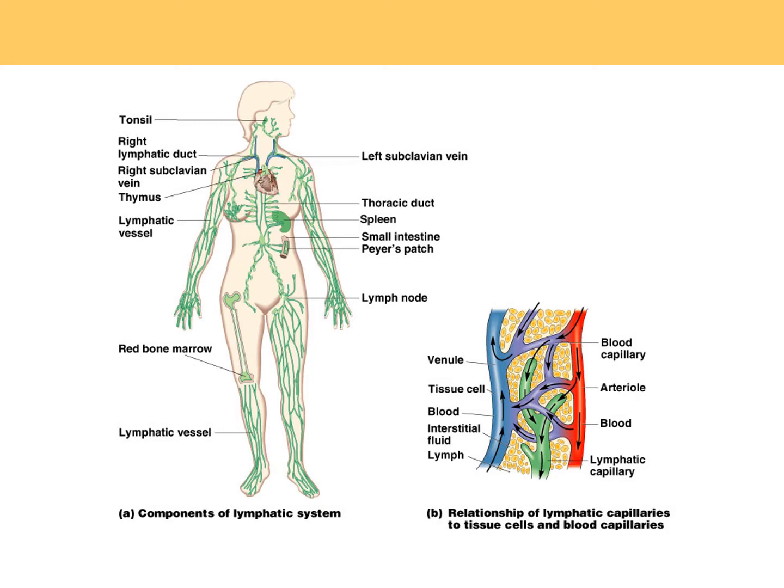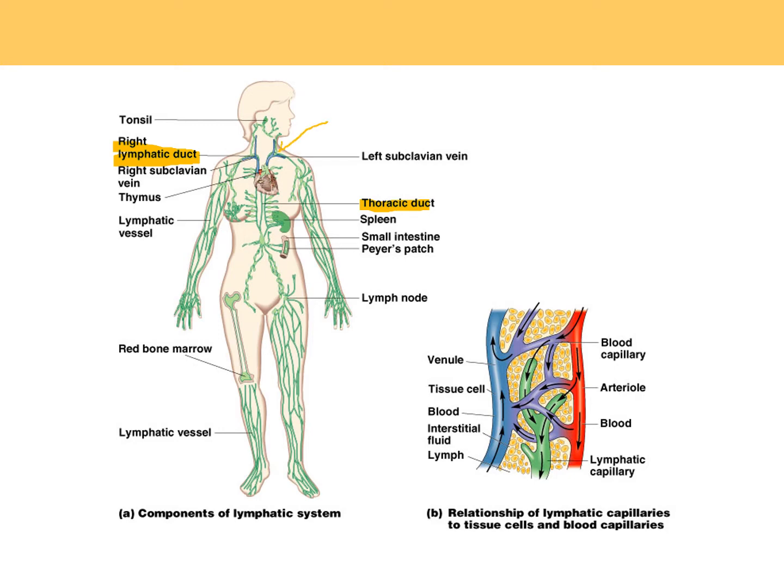The fluid will enter into the blood at the right lymphatic duct or the thoracic duct. The thoracic duct in fact is the entry point into the bloodstream, right here.